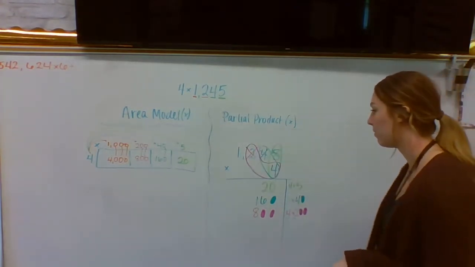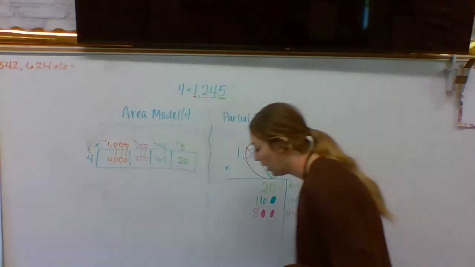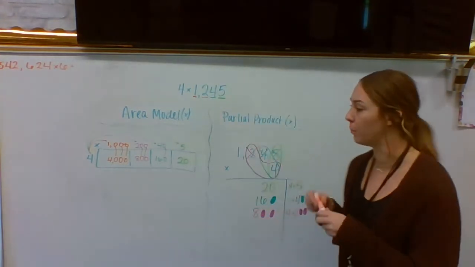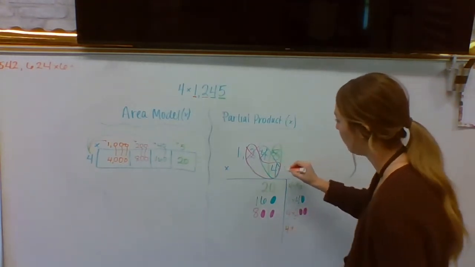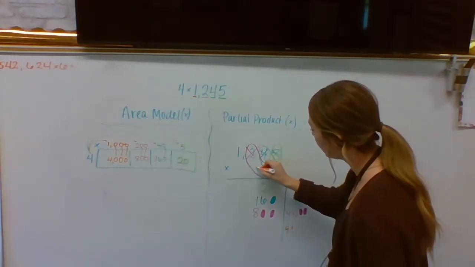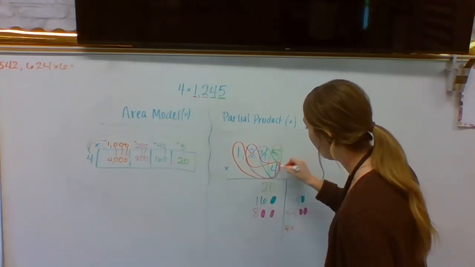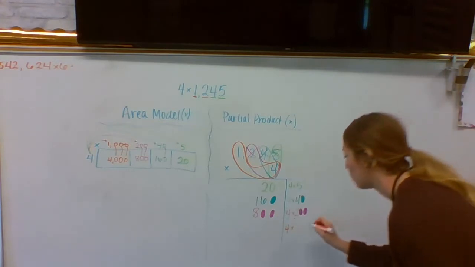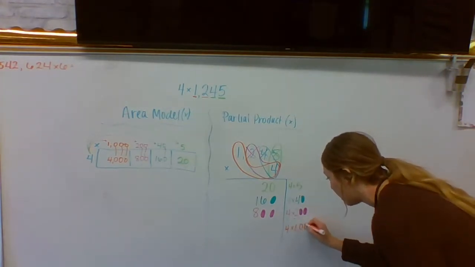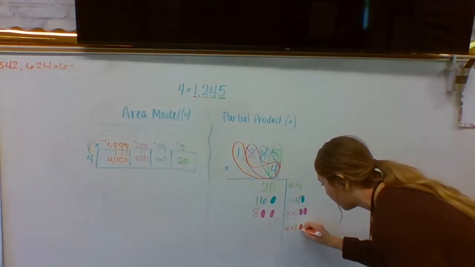Last step. So this is the only difference between a 3-digit number and a 4-digit number: I have one more to do. Still 4 times whatever's in the thousands place, in this case just 1, but I know it's not 4 times 1, it's 4 times 1,000. 3 zeros.